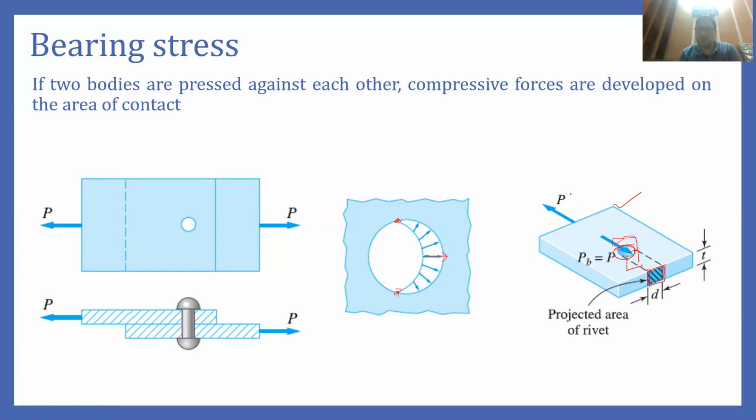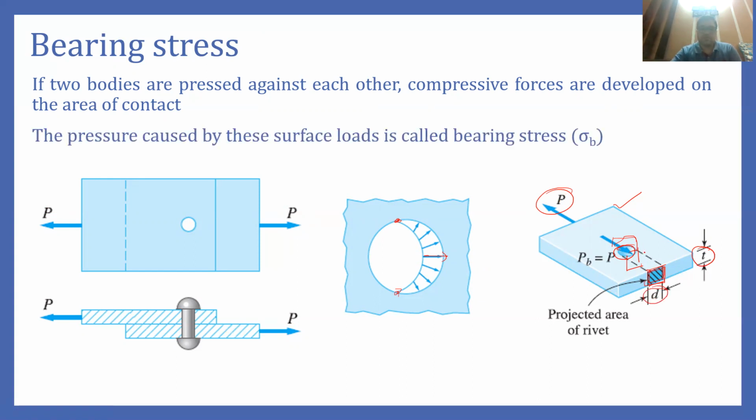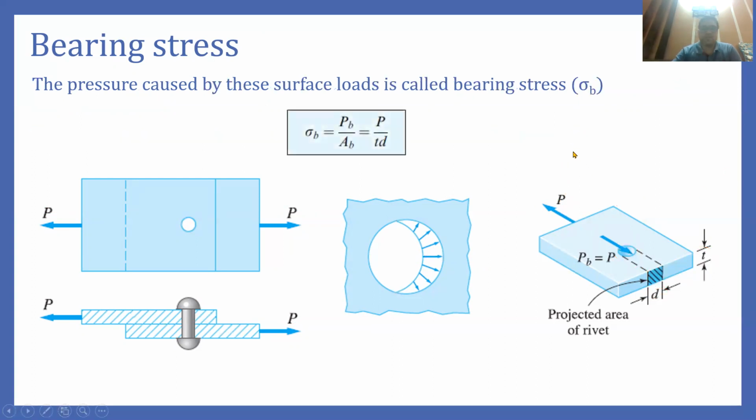So here the force will be P and the area will be this one, which is t multiplied by d. So it is represented as sigma B, and the magnitude can be calculated as PB upon AB, where PB is the bearing pressure, and the bearing pressure here is P because of this force. And similarly, the area will be this one, t into d. So that is how we can calculate the bearing stress.